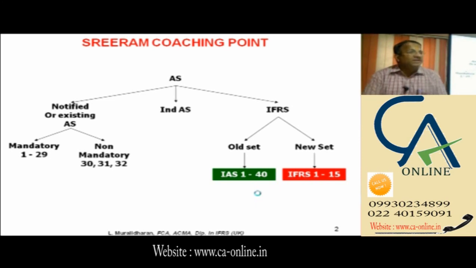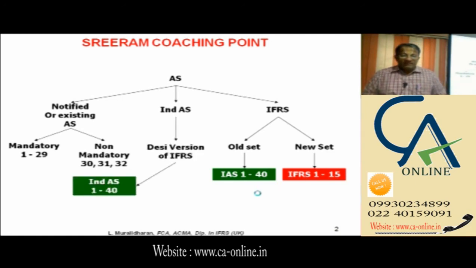Then you have Ind AS. What is Ind AS? The desi version of IFRS. How do they differentiate between the old set and the new set? For the old set, IAS 1 to 40, what are they referring to? Ind AS 1 to 40.